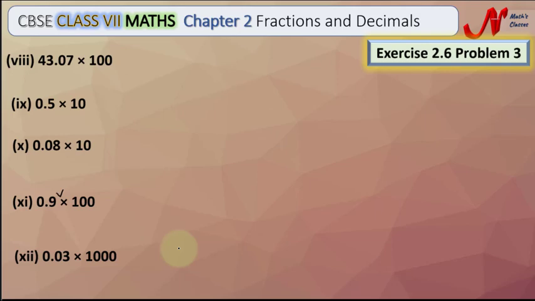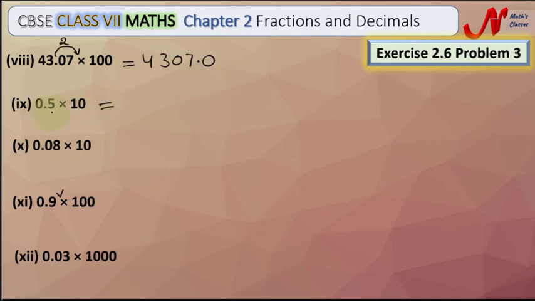Next 43.07 into 100. Here we have 2 zeros, so we shift the decimal point 2 places to the right, so it can be written as 4307.0.